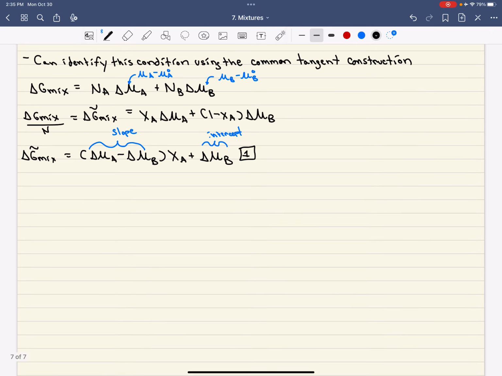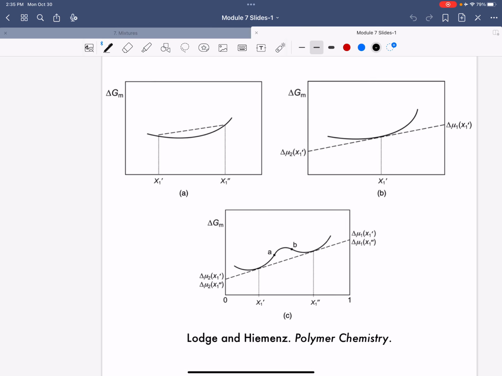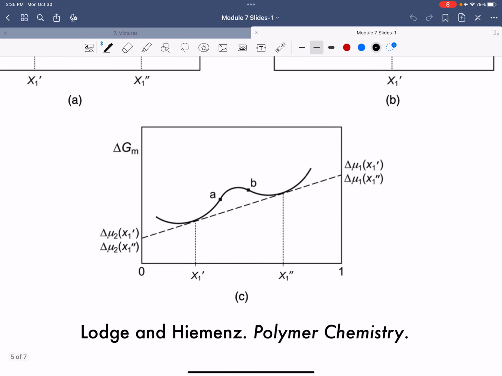Right, and so we have this straight line. And if we go back to this relationship where we're plotting our delta G mixing, this is really the molar, we see that we now have this straight line where the slope corresponds to delta mu A minus delta mu B, and the intercept is that delta mu B. Okay?